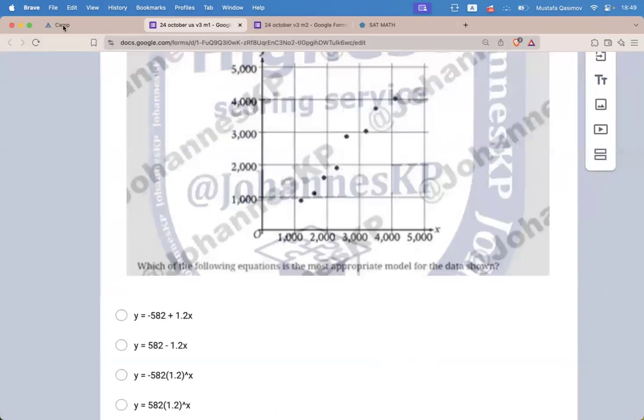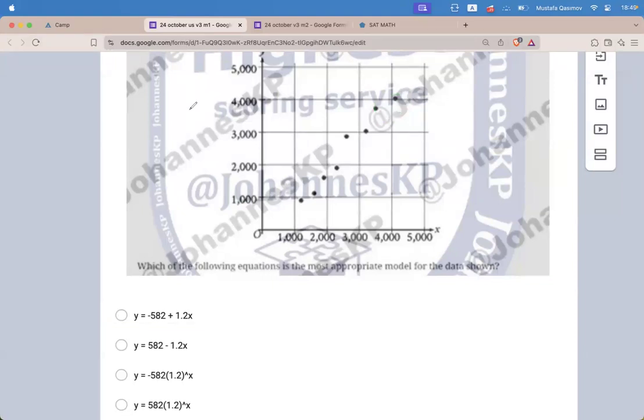For exponential, it must be like that. It starts from here, for example, and goes up like this. So instead of these 2 points, if we had these 2 points here and maybe here, then we could say it is exponential. And because it increases, the probable answer is A.